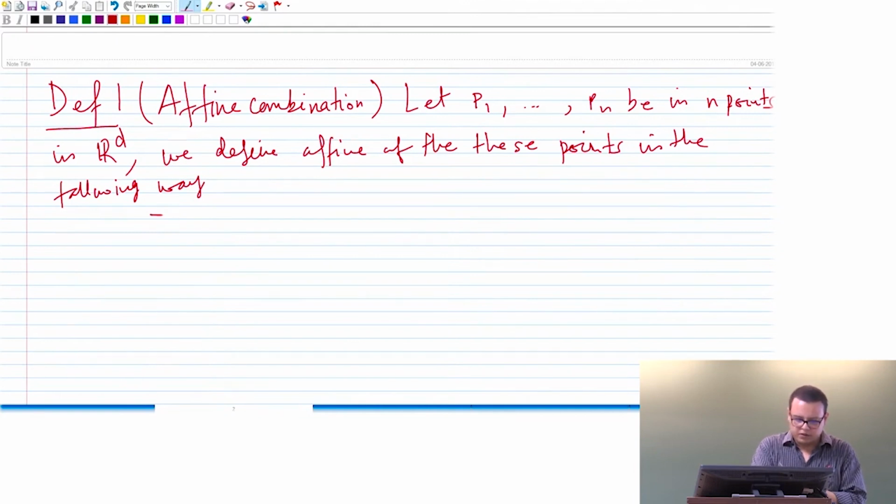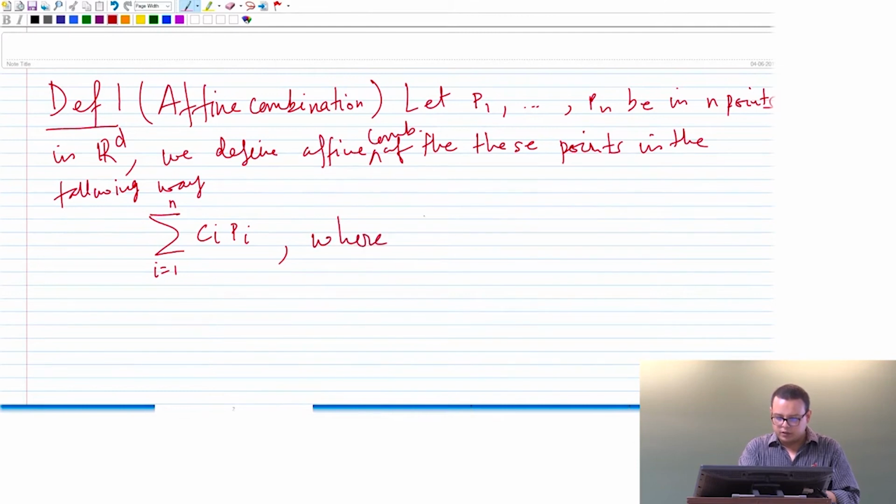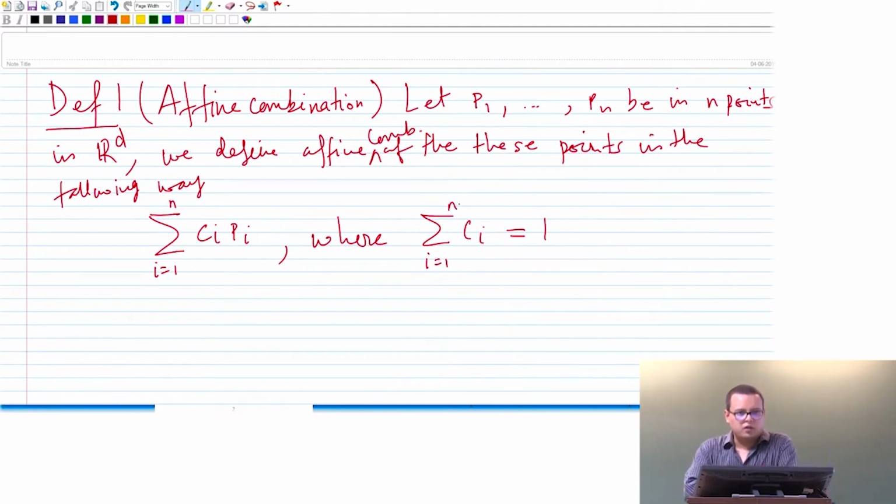It will be the summation of Ci Pi. So the points that we get by taking combinations like this, where summation Ci is equal to 1. Okay. That is what we define as an affine combination of points.